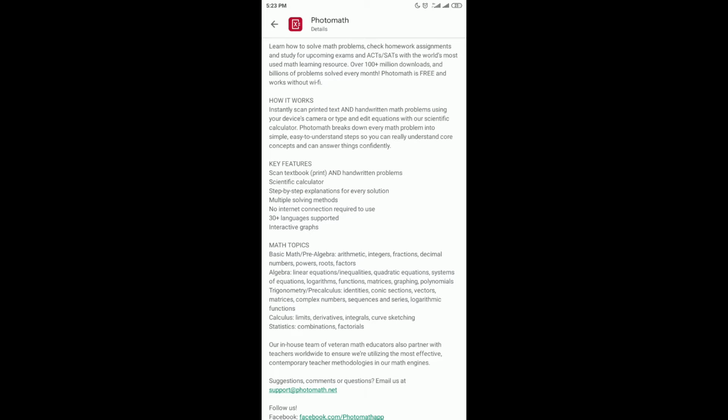For trigonometry and pre-calculus, it can solve identities, conic sections, vectors, matrices, complex numbers, sequences and series, logarithms and functions. For calculus, you can solve limits, derivatives, integrals and curve sketching. And lastly, statistics: it solves combinations and factorials.